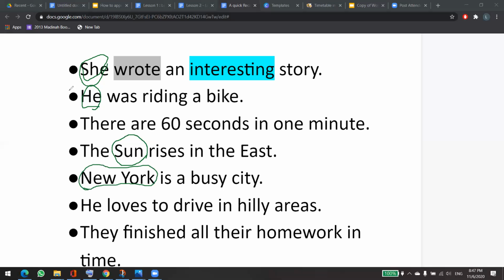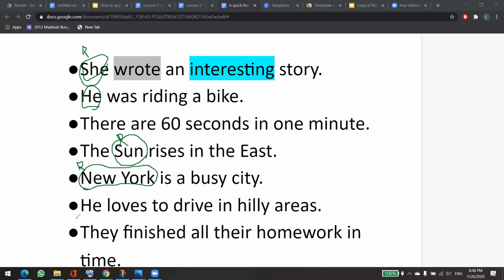You can either color it green or write R over here. Everywhere when you see the doer or the subject of the sentence, you write R.